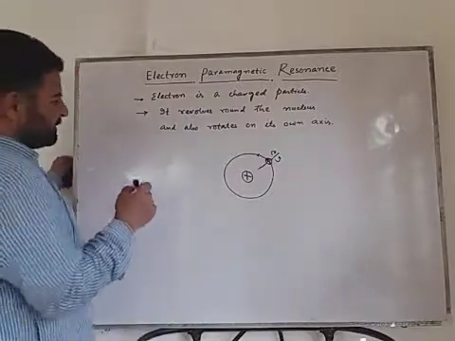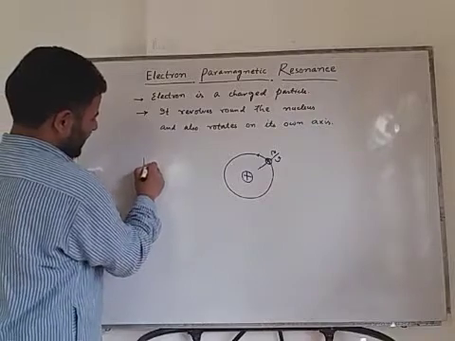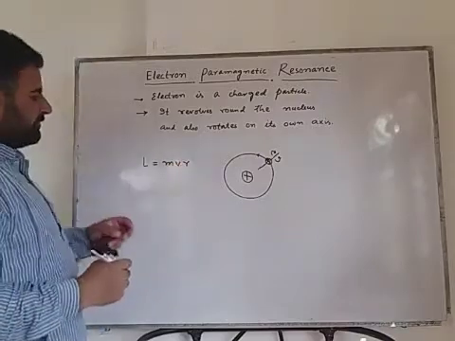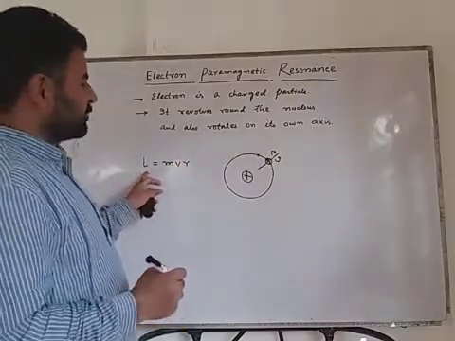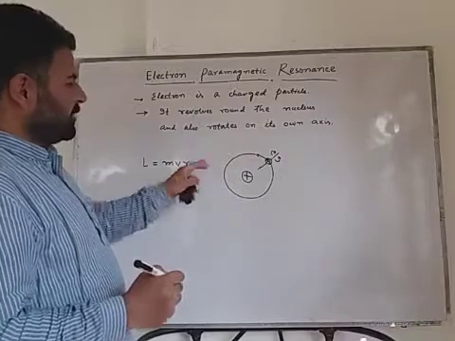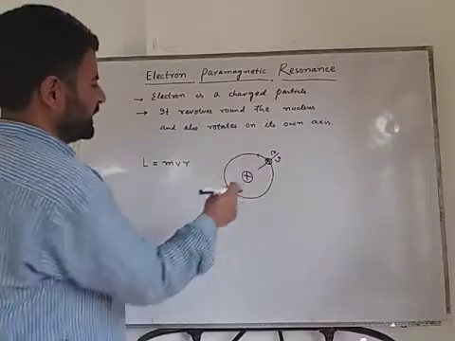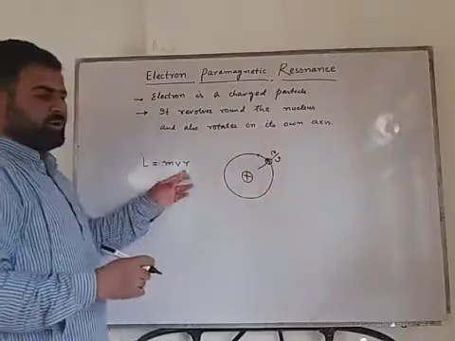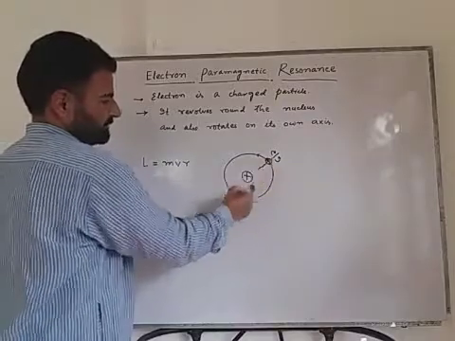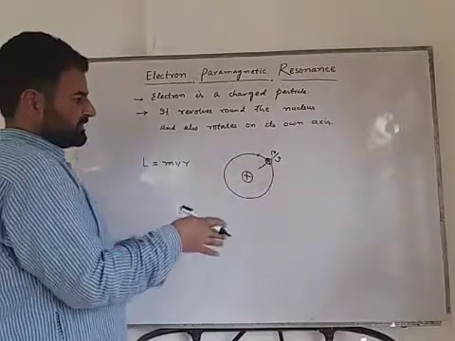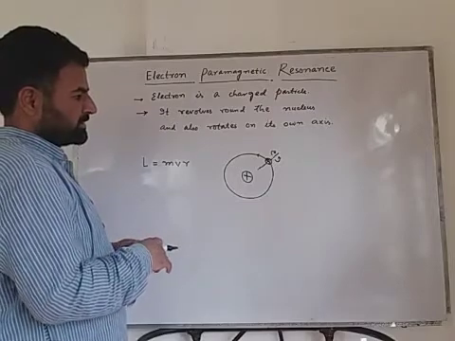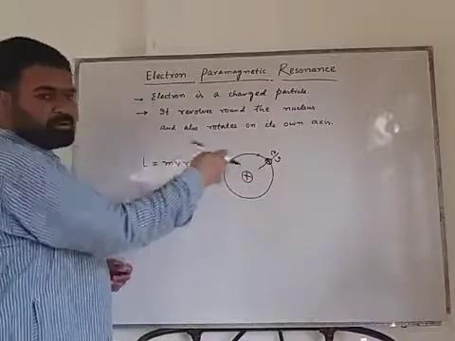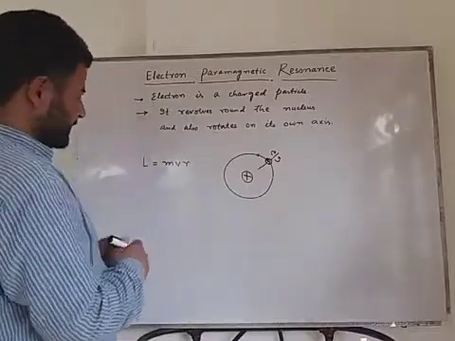That orbital angular momentum will be given by L is equal to mvr, where L is the orbital angular momentum, m is the mass of the electron, v is the velocity at which it revolves around the nucleus, and r is the radius of this orbit. According to the classical view of mechanics, we consider it a circular orbit, so this r is the radius of that circular orbit.